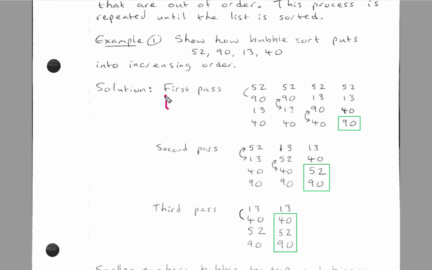So here on the first pass, I is 1. This comparison here, this is when J is 1. We're comparing A1 and A2. And this is when J is 2, comparing A2 and A3. And this is when J is 3.